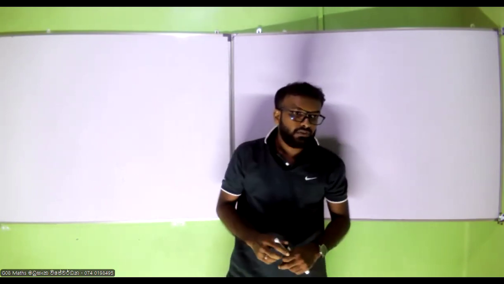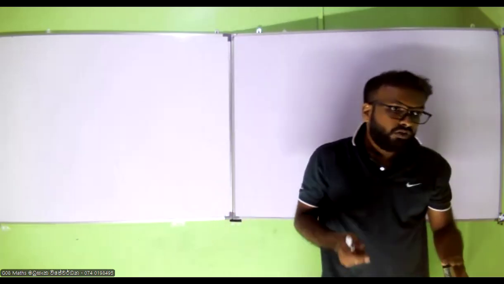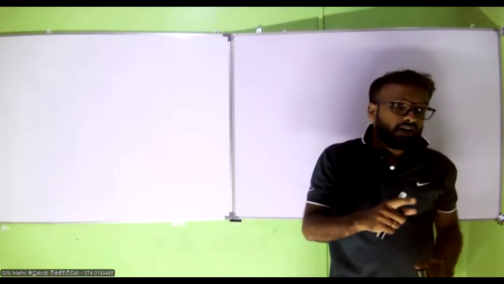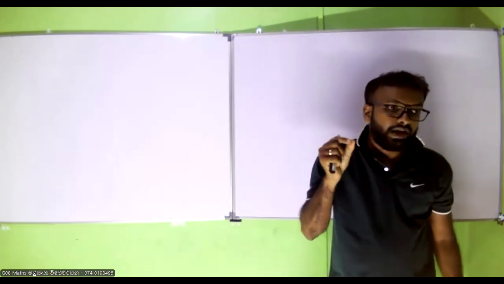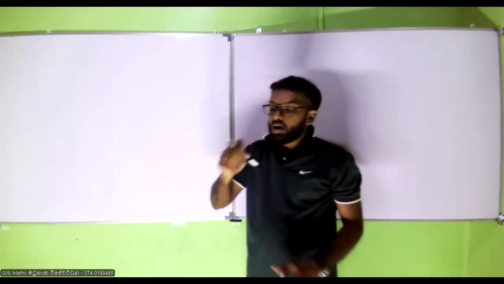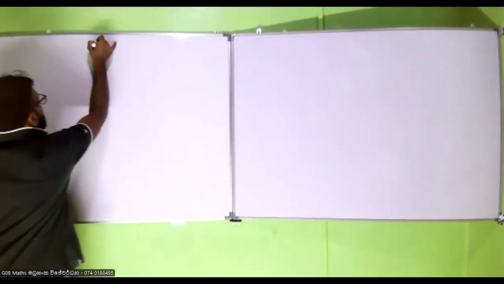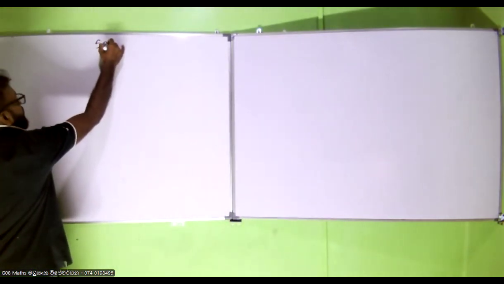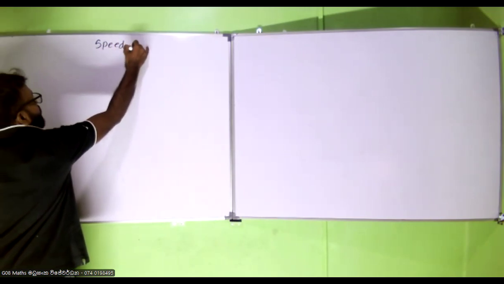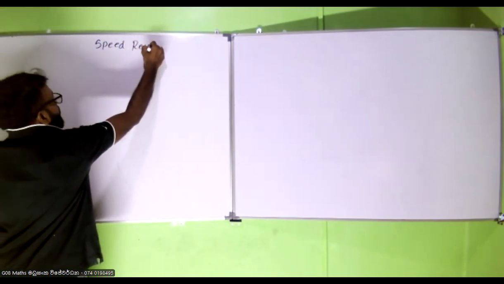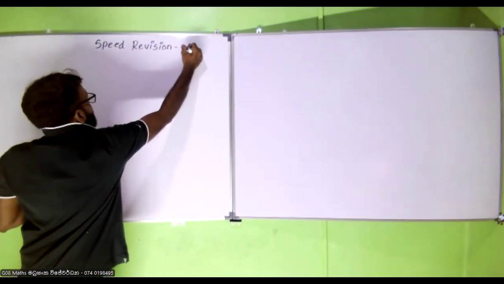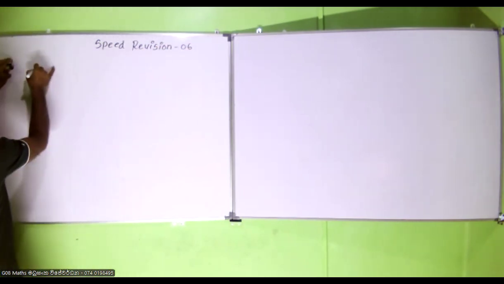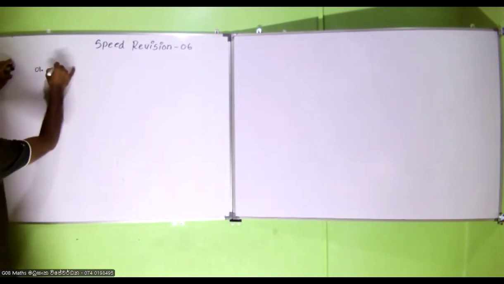So the first one is, what is the value of the complementary angle of 50 degrees? I told you, when you hear the word complementary, you need to remember 90 degrees. And when you hear the word supplementary, you need to remember a magnitude of 180 degrees.